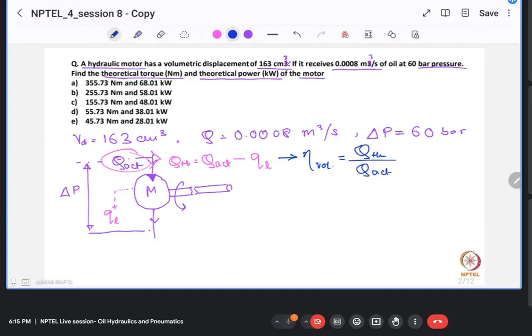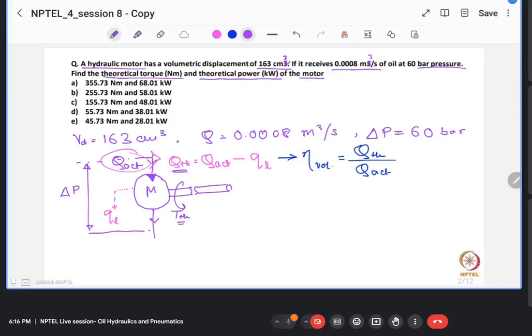Whereas if you look at the output side, you have the theoretical torque that is produced by the motor, that is supposed to be produced by the motor. And how is this produced? By conversion of this theoretical fluid energy into the mechanical energy.